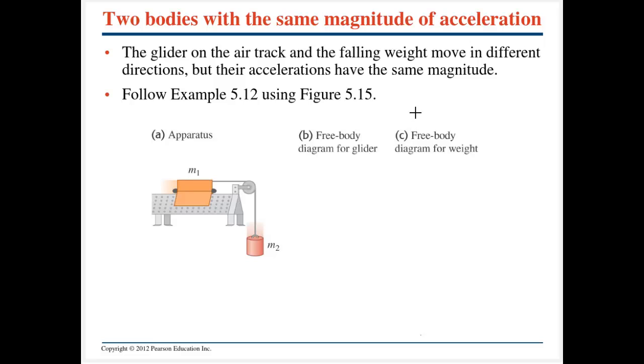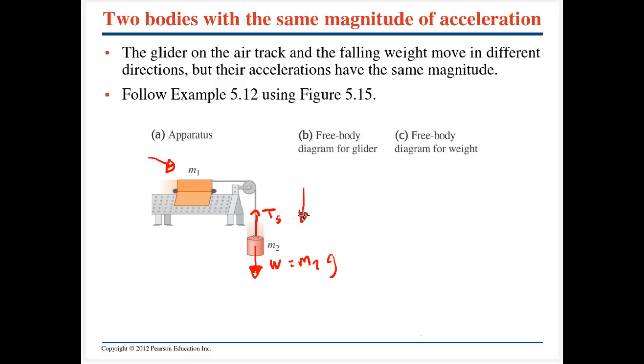Now, I can also look at this in two different directions, and in this case you'll have a lab kind of similar to this. Here we have a mass that is being pulled downward and it has its weight pulling it downward, which is again going to be mass 2 multiplied by gravity. It's being supported by some tension in the string, and let's just say for a second that there's not any friction on this apparatus whatsoever.